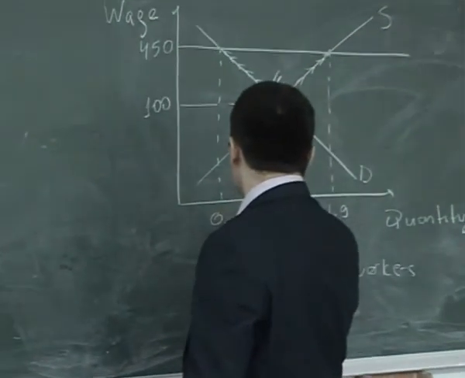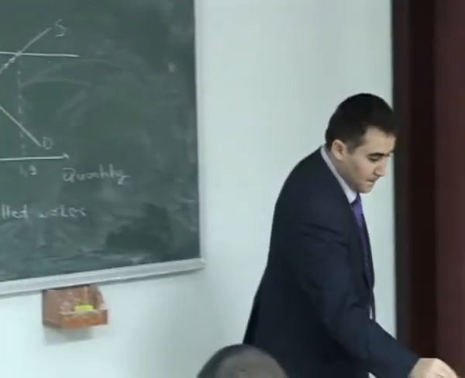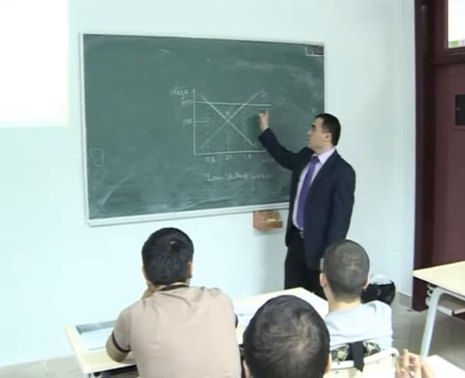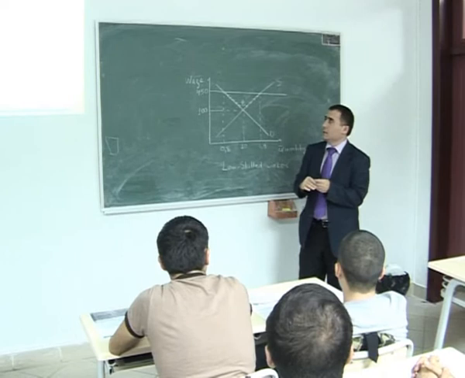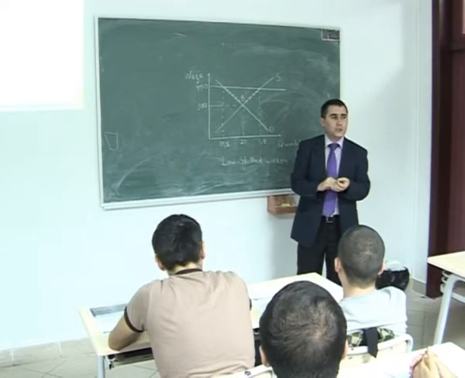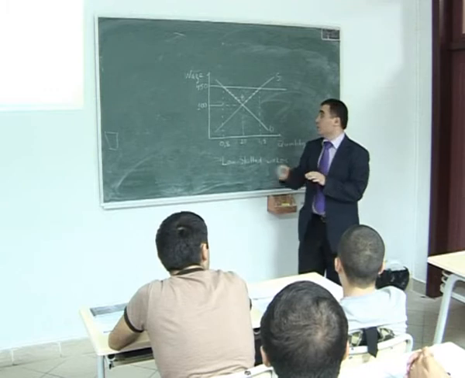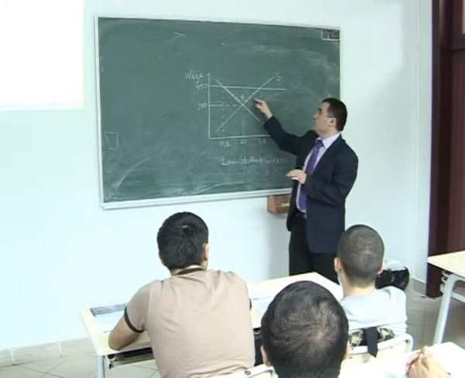So now you see that because of the binding, because of the high, legally established wage, quantity of labor demanded goes down. Quantity of labor demanded goes down, and quantity of labor supplied goes up.